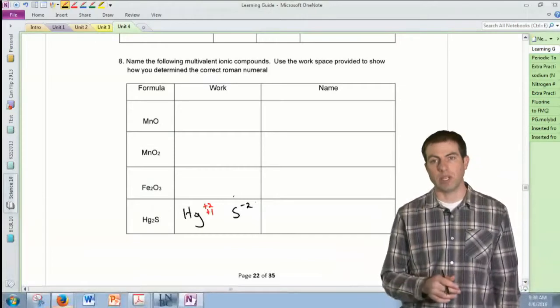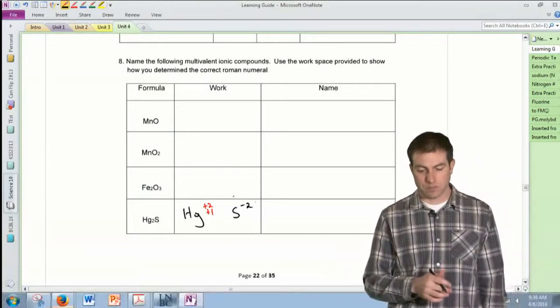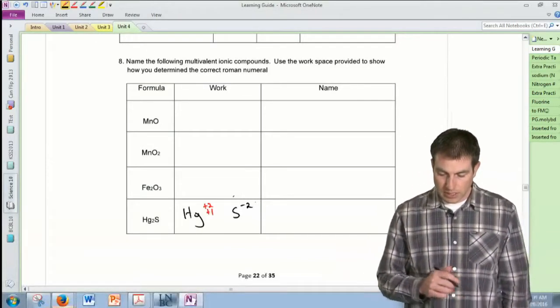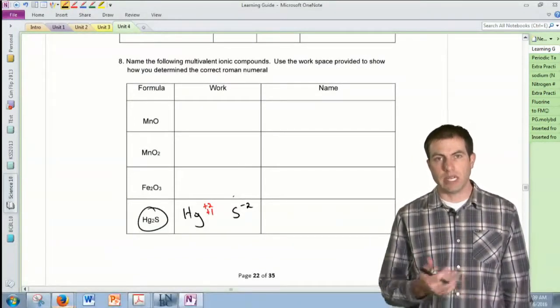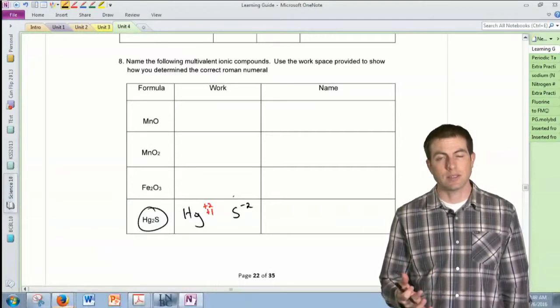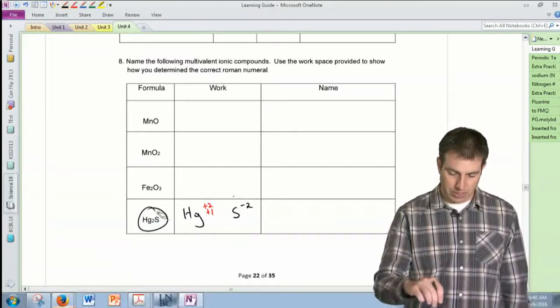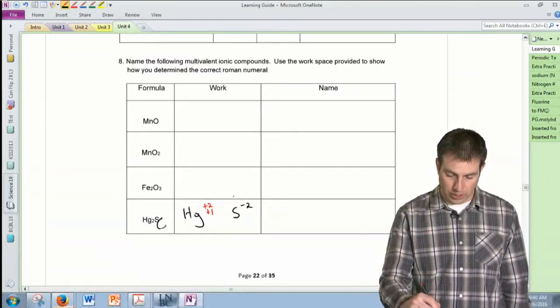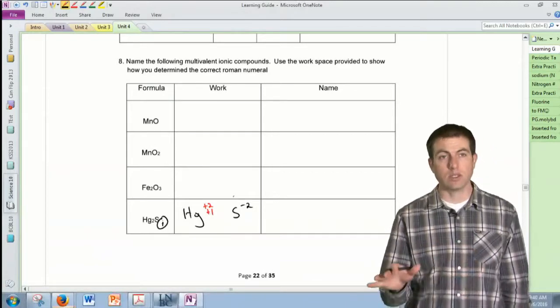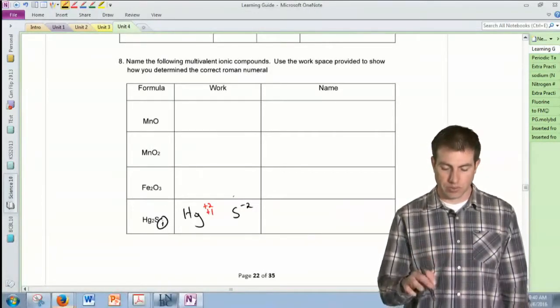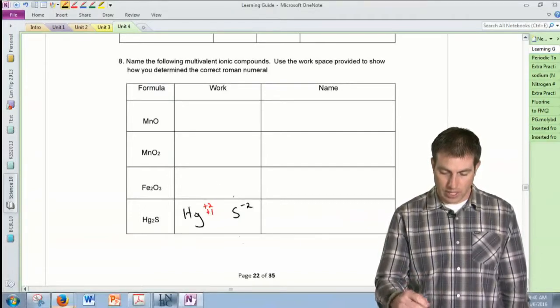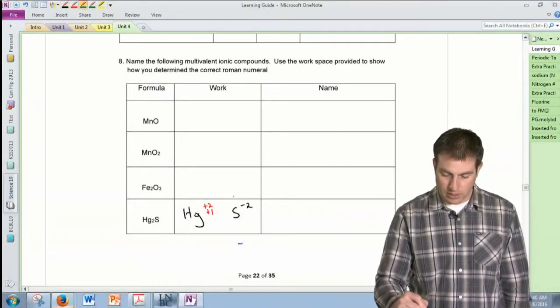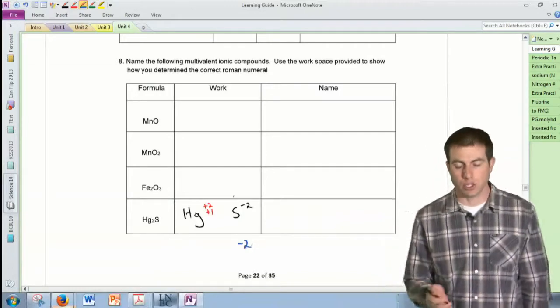Sulfur is not multivalent. So if I look at the actual compound I'm given, Hg2S, I need to kind of figure it out in my head. Okay, there's only one sulfur here. So I always look to the nonmetal when I'm trying to figure out the charge on the metal. Sulfur is -2. So I have, in this case, -2 as a charge.